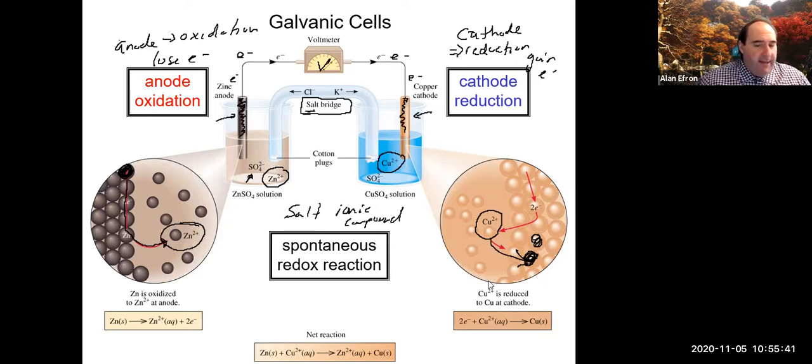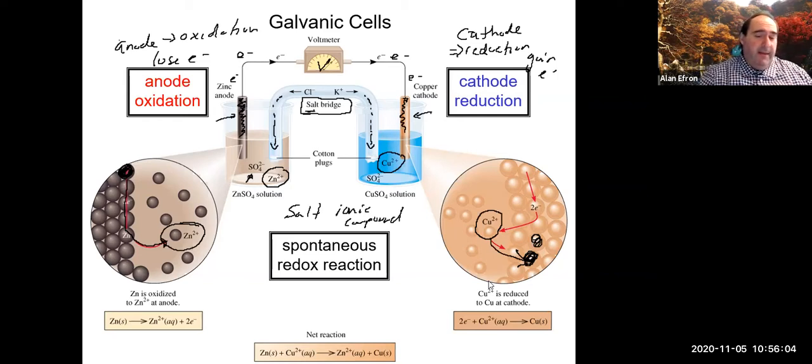And as you can see, the potassium ion starts dropping down to this side, and the chloride ion drops down to this side. You may say to yourself, why would that happen? Well, the salt bridge is there for a couple of reasons, but it's really there to keep this reaction going.